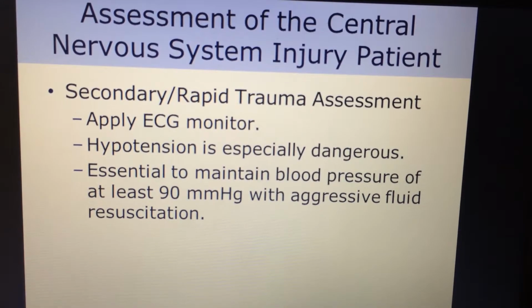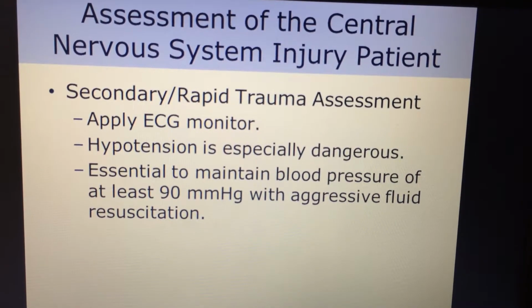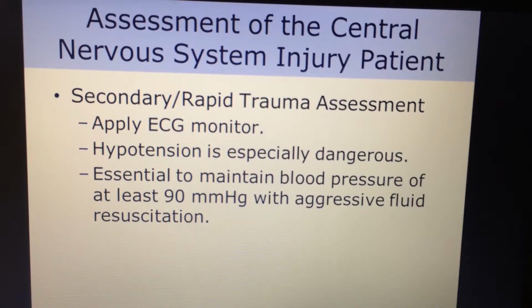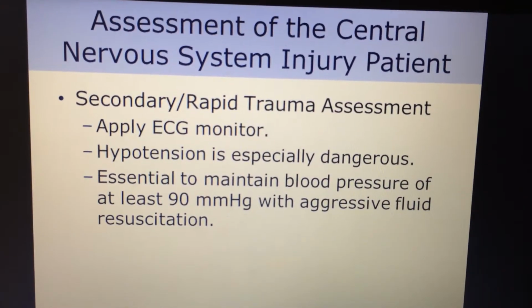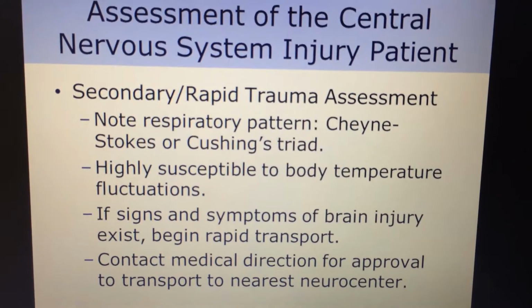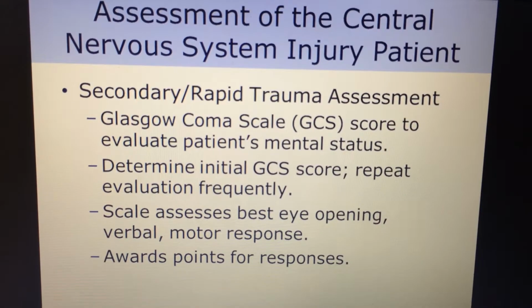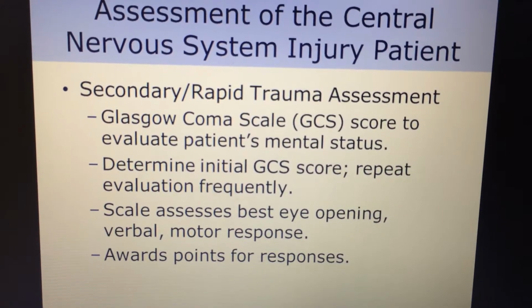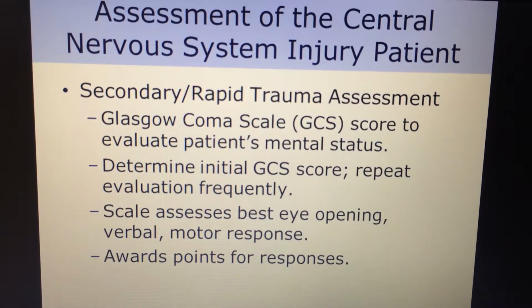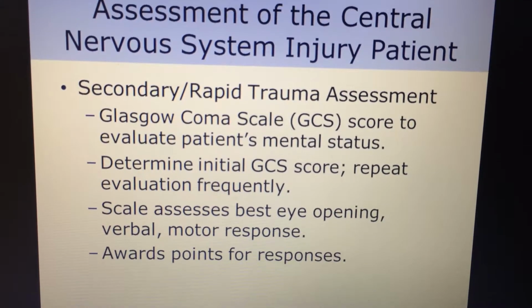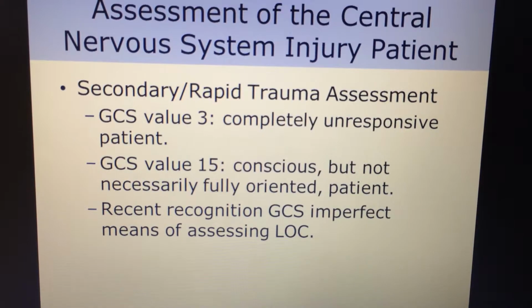So that's the blood pressure we want to maintain, at least 90. We're not shooting for extremely high for the situation, but that's the goal level we want to see, and that's an important number to know. Talked about Cushing's triad, determining GCS scores, and evaluating. So make sure you know those. That will be a key component to know for the test.